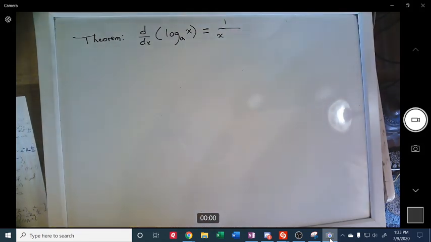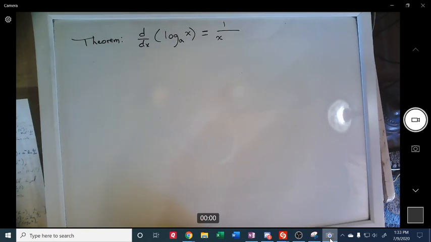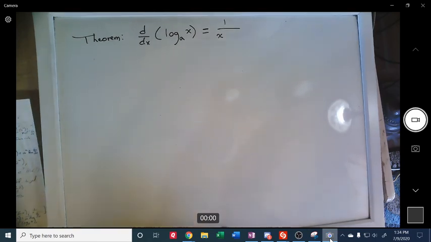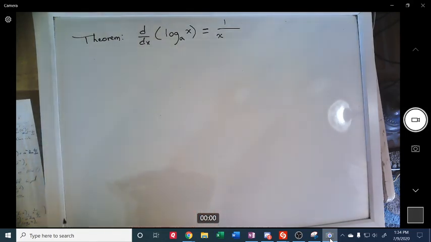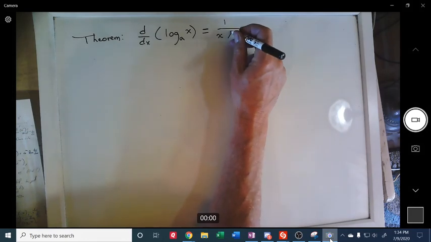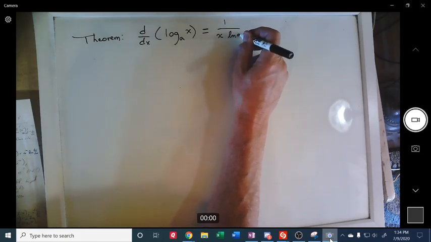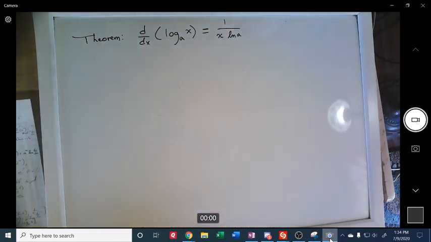1 over x. But remember the penalty factor for exponential functions when the base wasn't e. We got ln a tagging along. Here we're going to get the penalty factor, and it appears in the denominator. It's very easy to remember this.